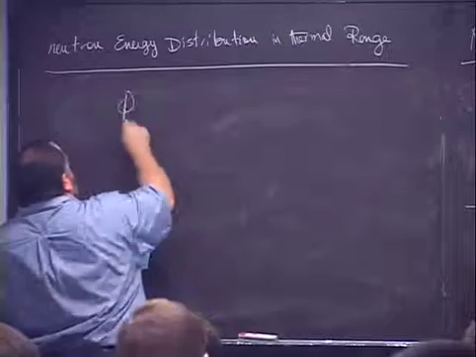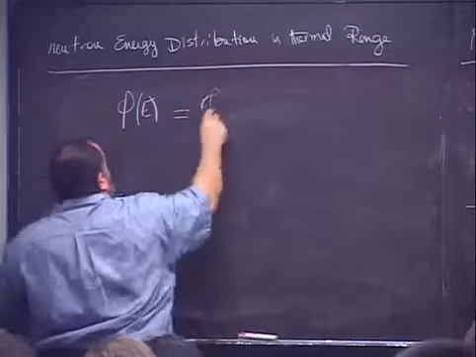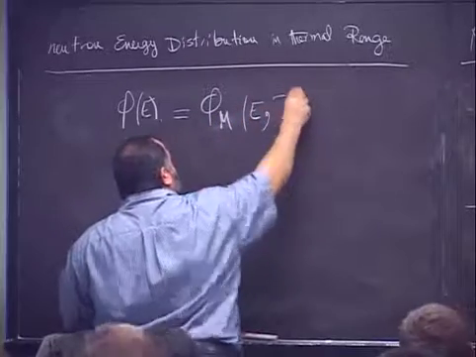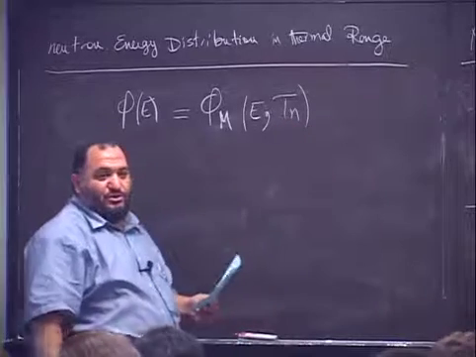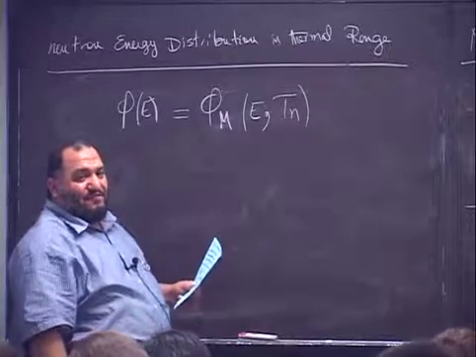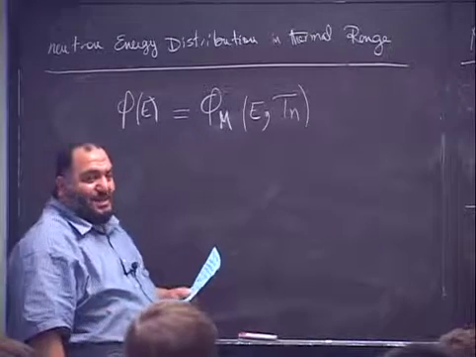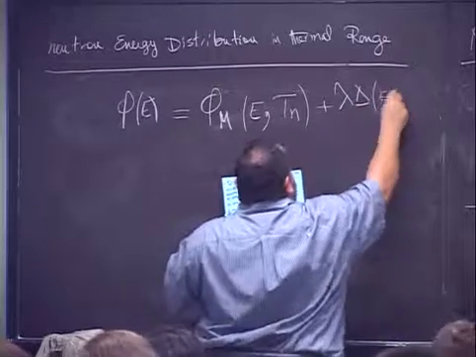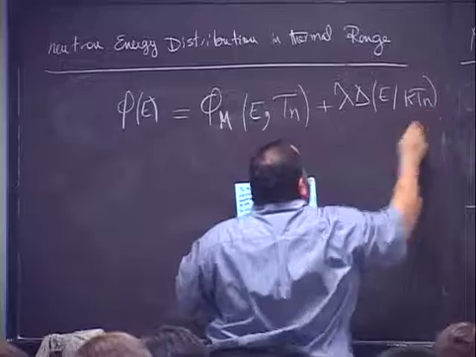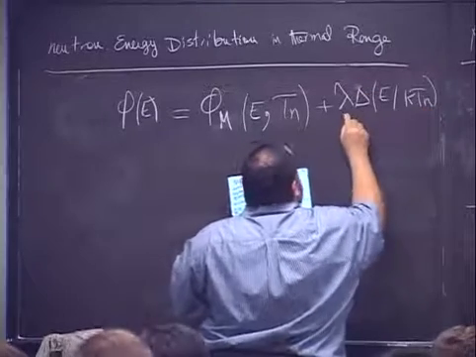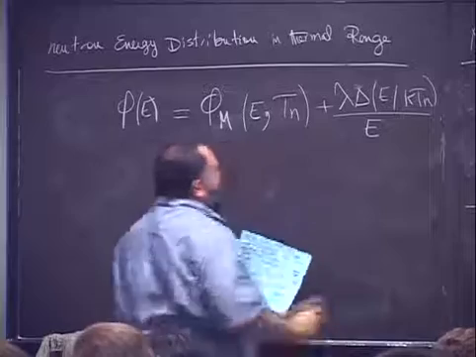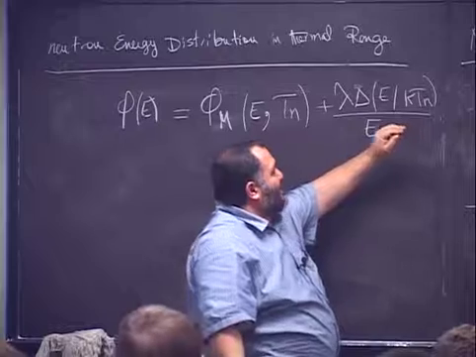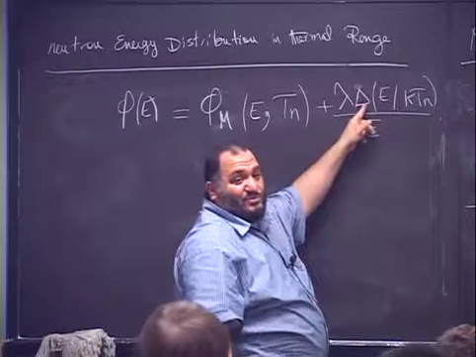So the flux as a function of energy E is phi Maxwellian of energy E, and now we modified the Maxwellian by the neutron temperature to include the effect of absorption, plus lambda delta of E over kT_n, divided by the energy E. So now, if E over kT is greater than 10, this delta is 1.